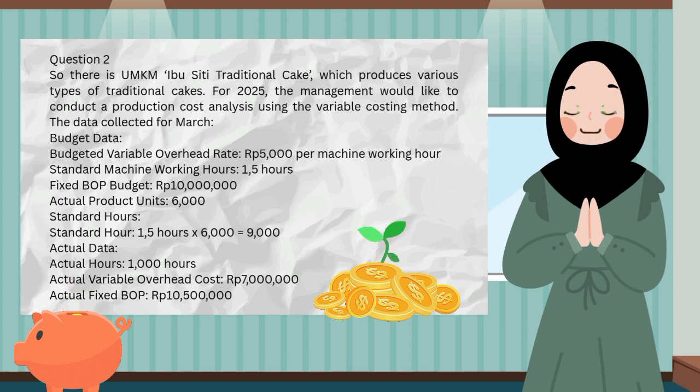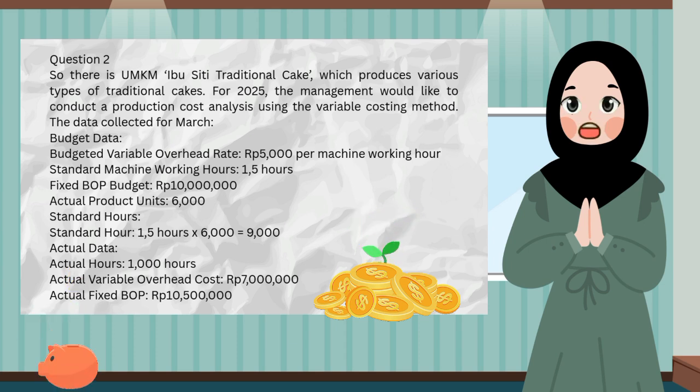And for the standard hours, it is 1.5 hours multiplied by 6,000. The total is 9,000. And there are actual data. For the actual data, the actual hours is 10,000 hours. The second is actual variable overhead cost is 70 million rupiahs.